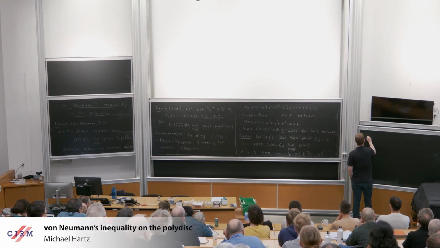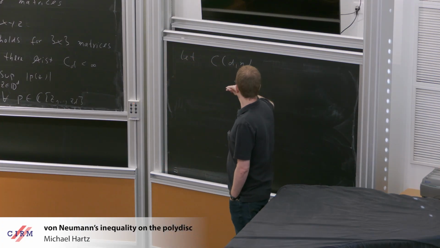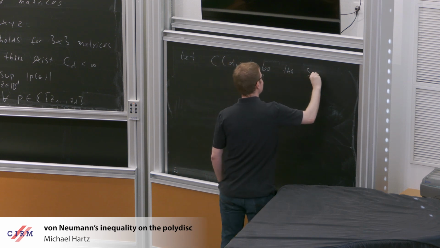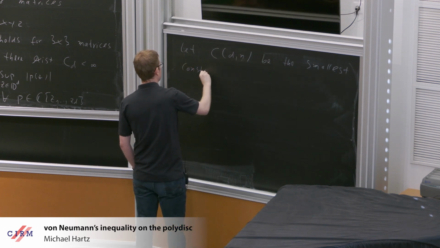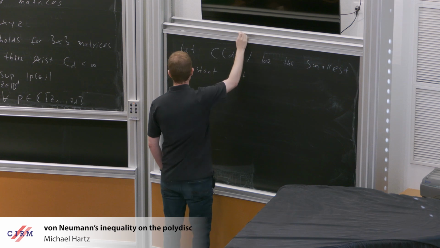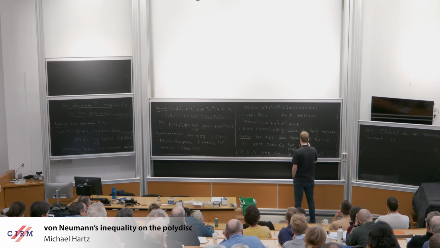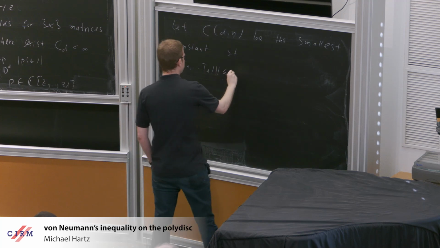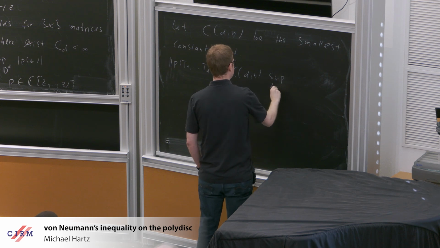So let C_{D,N} be, where D will always be the number of variables, and N will be the degree, the smallest constant such that, well, the usual thing to do is to ask for this inequality for all degree n homogeneous polynomials, so that the norm of P of T1 through Td is at most C_{d,n} times the sup norm of the polynomial.